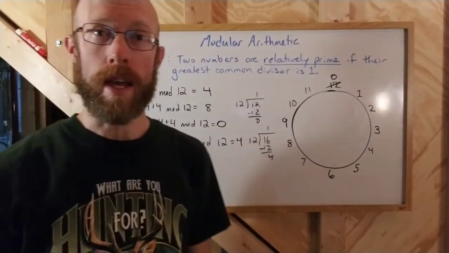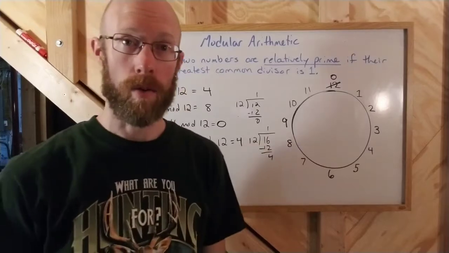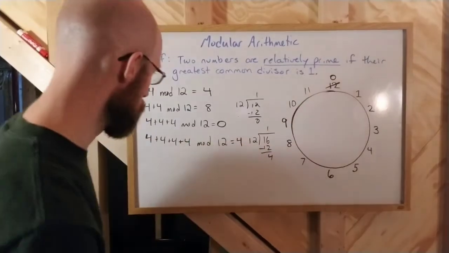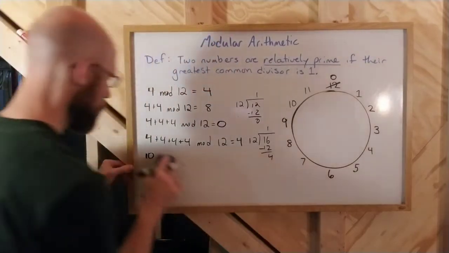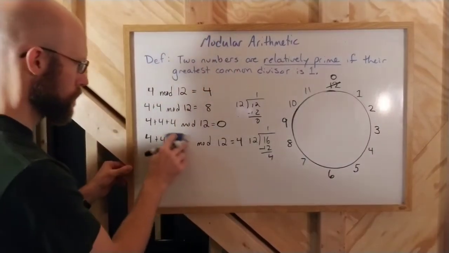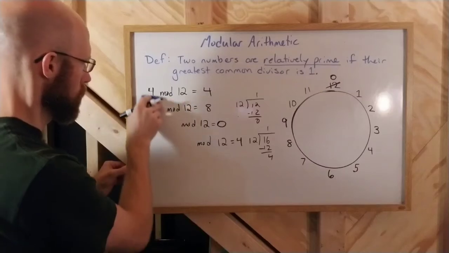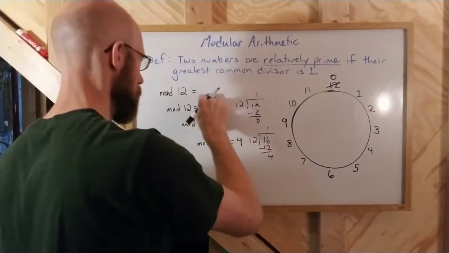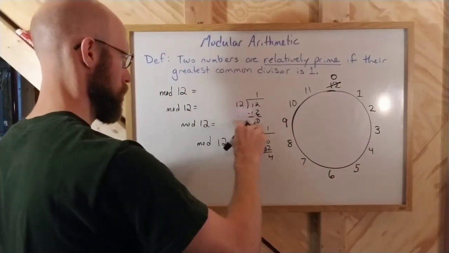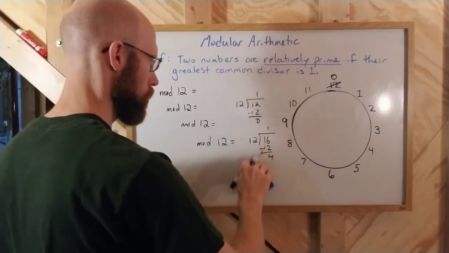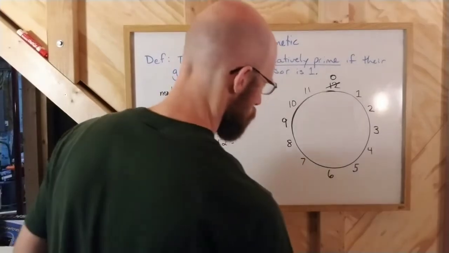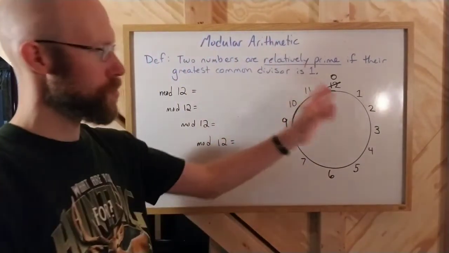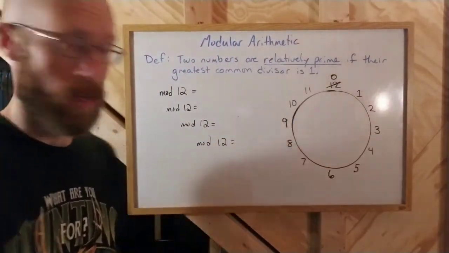Well, what about the number 8, or the number 9, or the number 10? Let's try 10. 10's kind of a cool one. Let's figure out what the results are when adding 10 over and over again.